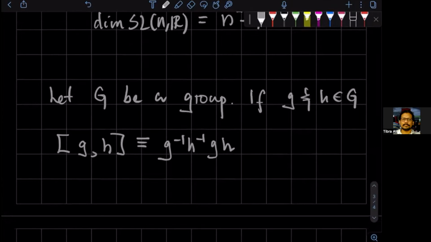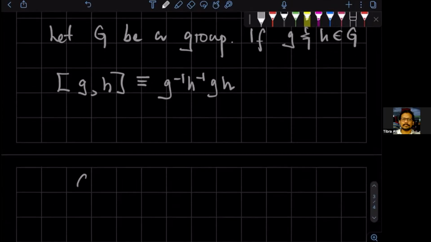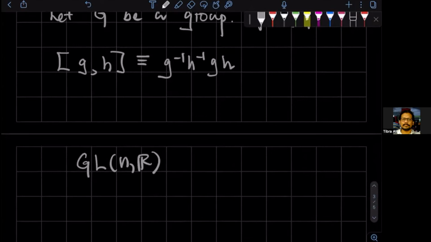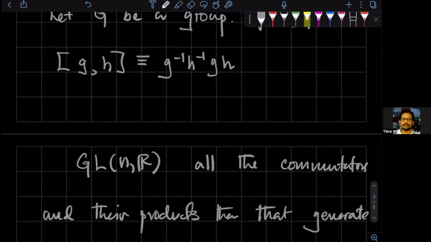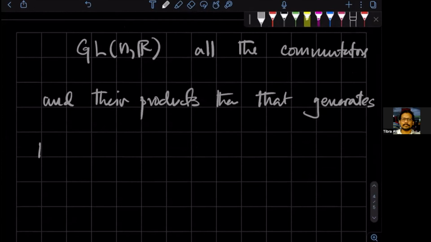Okay. Now, if I take the group GLNR, and I consider all the commutators and their products, then that generates the group SLNR.